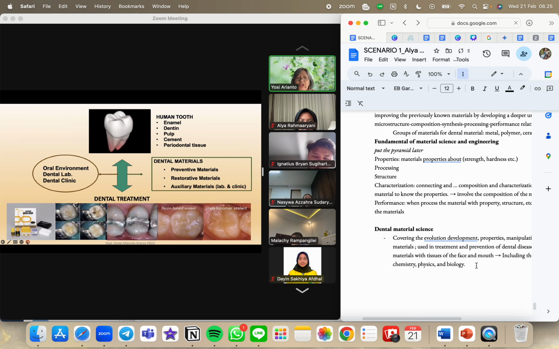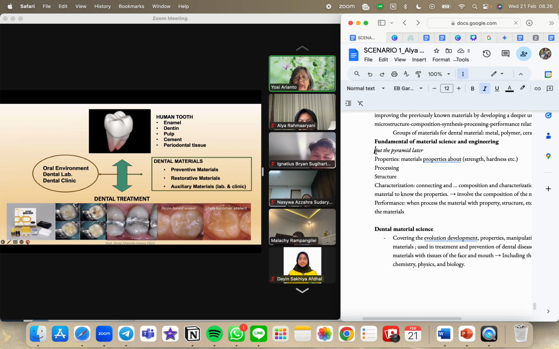Here is the human tooth. You know that the human tooth is composed of enamel and dentin. There is also the pulp, and cementum in the root, and they have a connection with periodontal tissue.